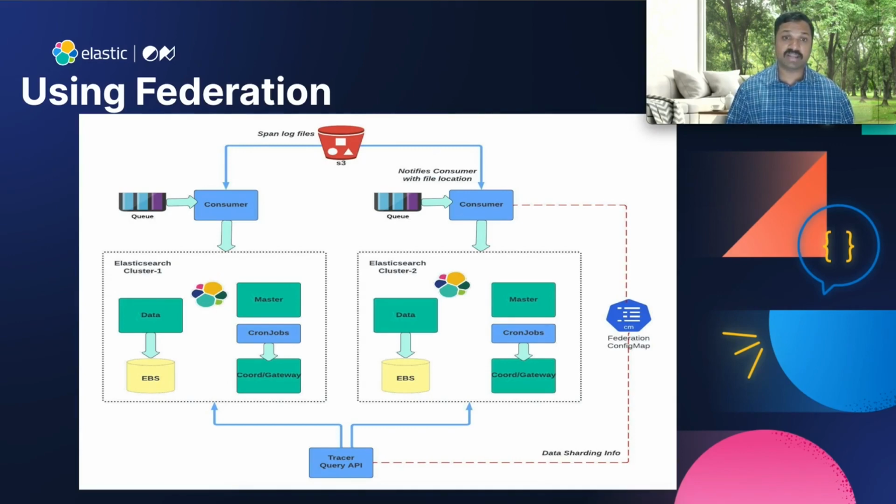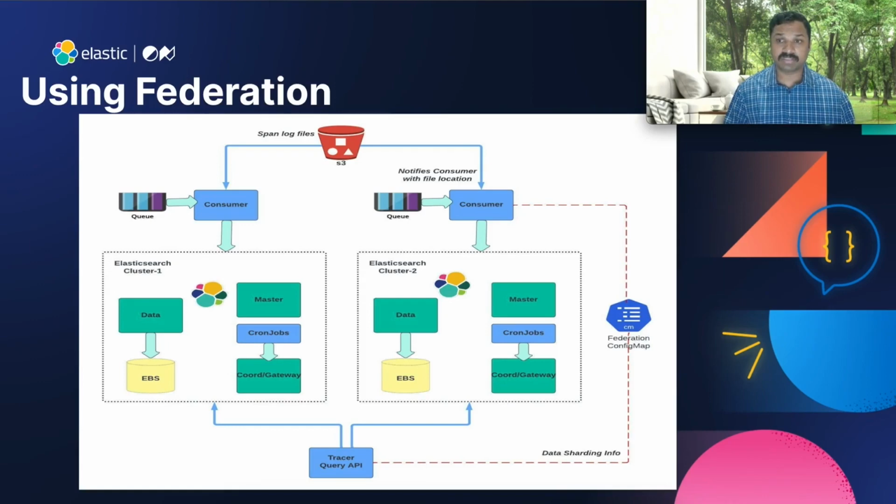So if you remember, we had an S3 location where we have all our trace data collected, and the consumers, based on different SQS notifications, start downloading those messages, transform them, enrich them, and write onto the Elasticsearch cluster. But for writing that, we use a federated config map. Now all our components are on Kubernetes, and we use Kubernetes resources for almost any kind of discovery mechanism.